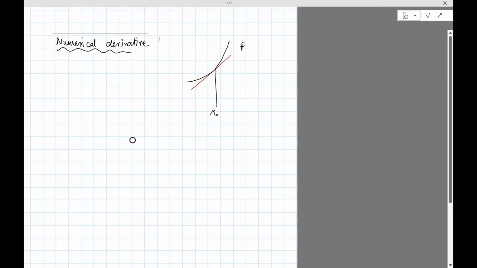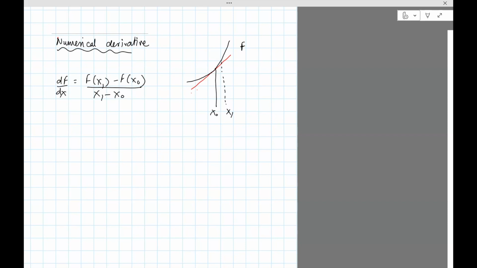So one way of doing that is to use the definition of the derivative. The definition of derivative is df/dx equals, say this is the point x1, so it'll be f of x1 minus f of x0 divided by x1 minus x0.